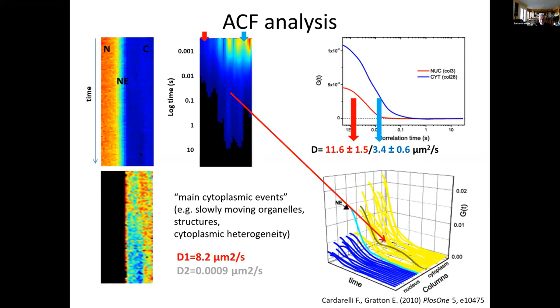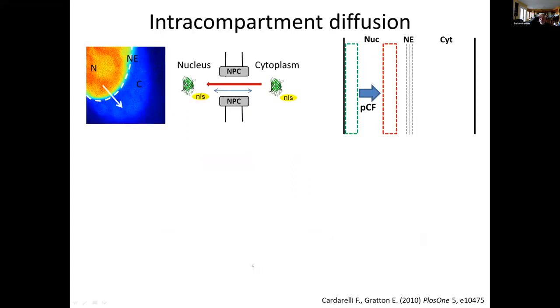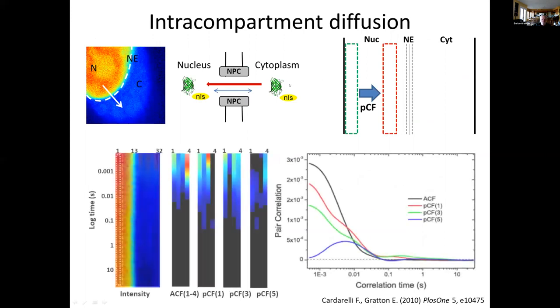So there are two events: one with a diffusion constant of 8.1, which means we're moving, for example, in the nucleus or in the cytoplasm, and then one which is the crossing of the pore, which occurs with a totally different time. So essentially, we do the correlation in the nucleus, the correlation in the cytoplasm, nucleus to nucleus, and then here we have the nuclear envelope and the cytoplasm, and we find very different times.